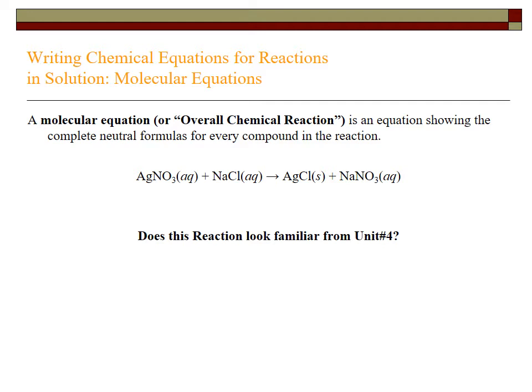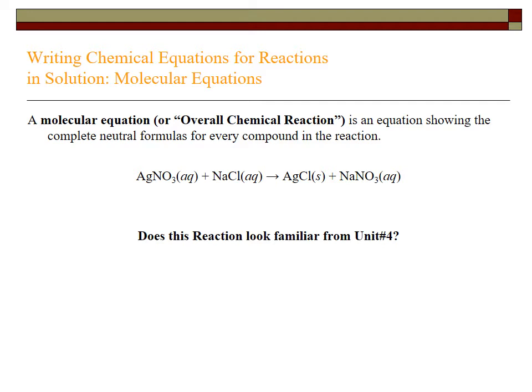Looking at this one here, silver nitrate, aqueous, meaning that it is dissolved in water, is mixed with aqueous sodium chloride. And what we see from that reaction is we get solid silver chloride and aqueous sodium nitrate. Does this reaction look familiar?